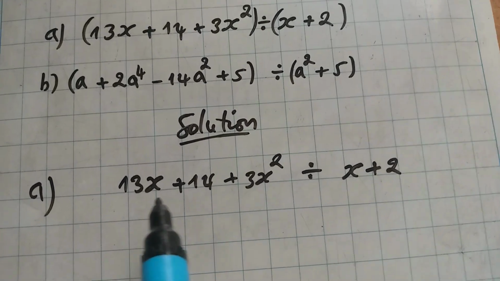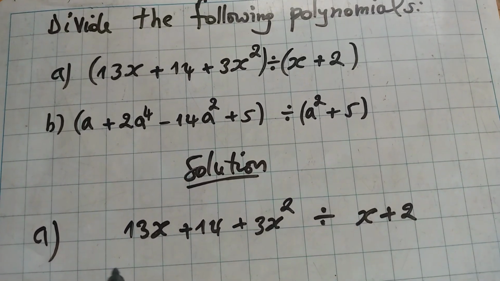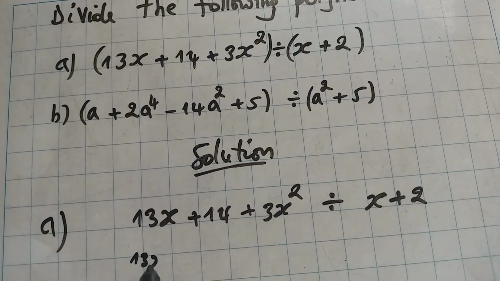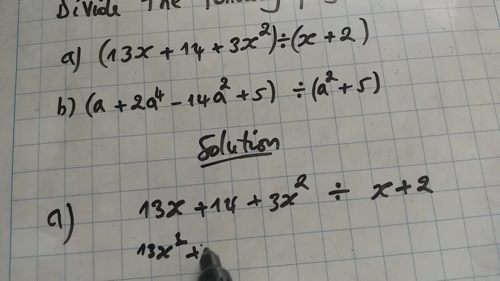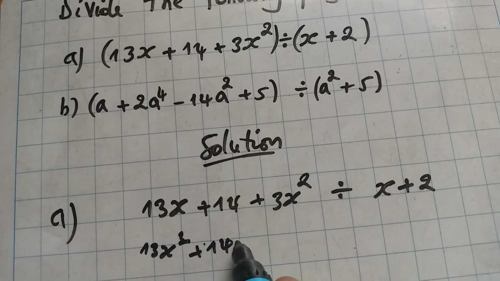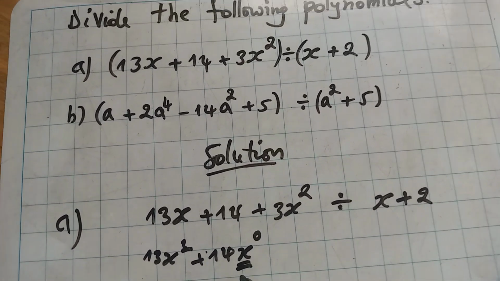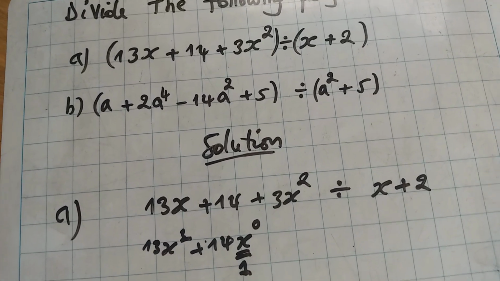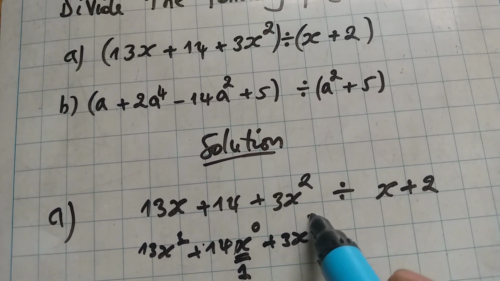Here I have 13x, with 1 as power, plus 14x with power 0, and also plus 3x times x squared.